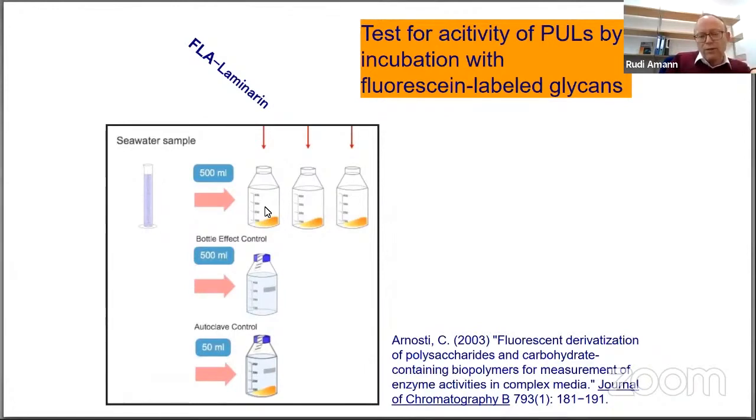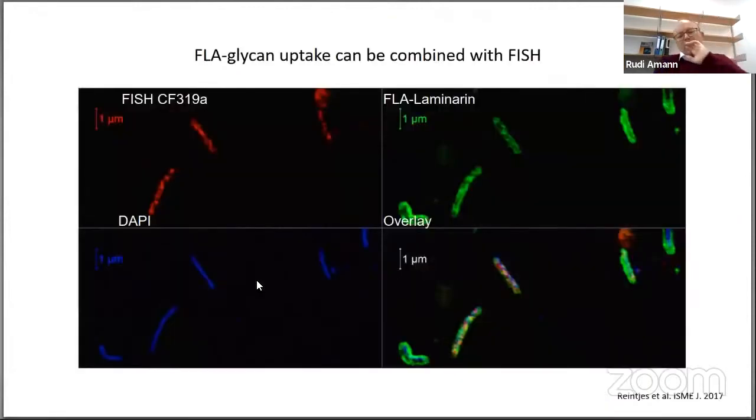We took water freshly from the CTD, added the substrate, waited for an hour, a day, and then had controls, and then the staining looked like that. And the staining is a staining of the periplasm that is already evident sometimes after an hour, sometimes you need a day.